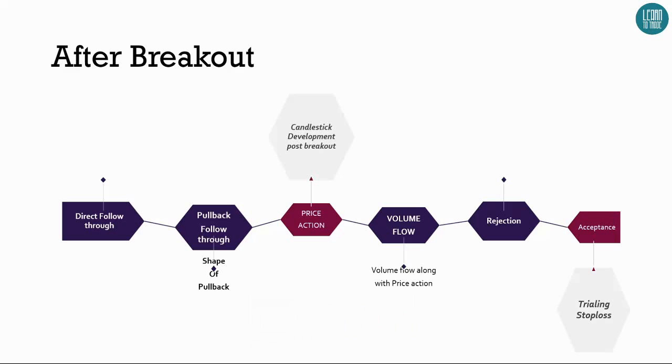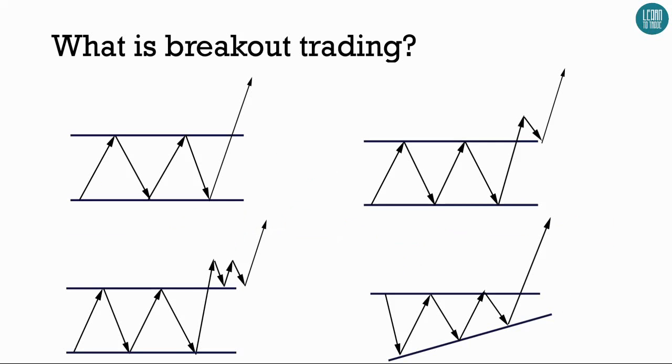So in after breakout, first of all, what is after breakout? What happens after breakout? These are the patterns which get developed after breakout. There are four basic possibilities. This is the breakout which is getting developed.